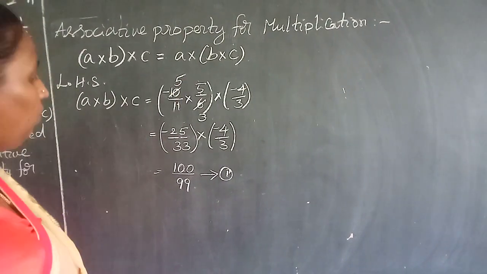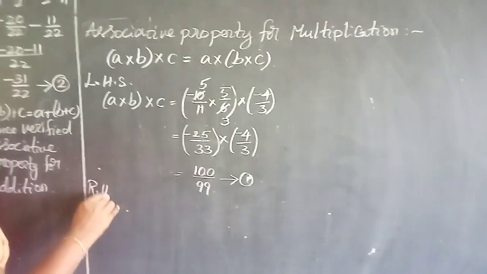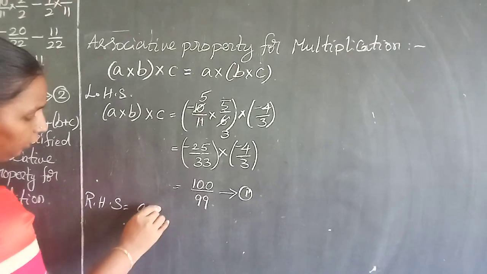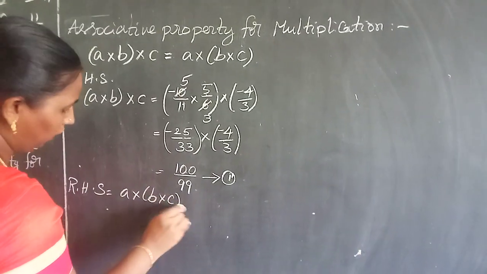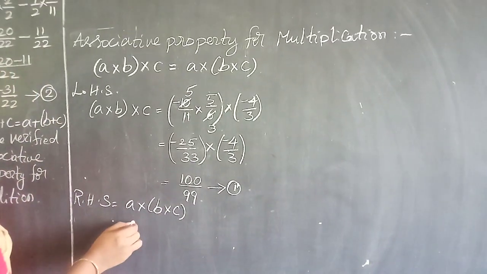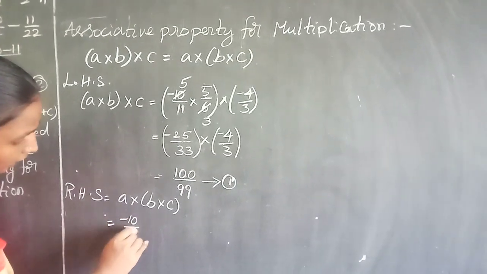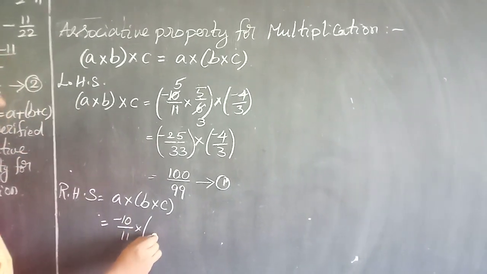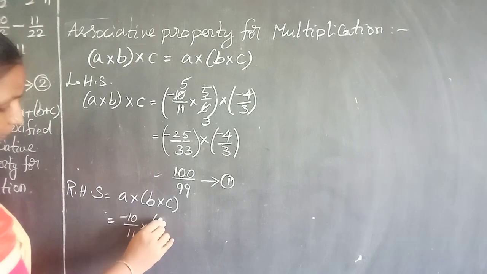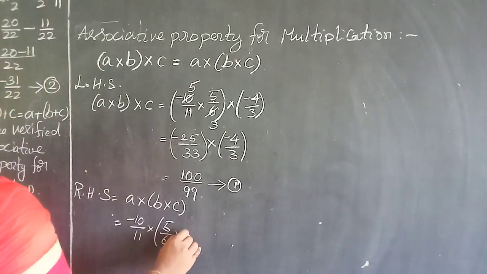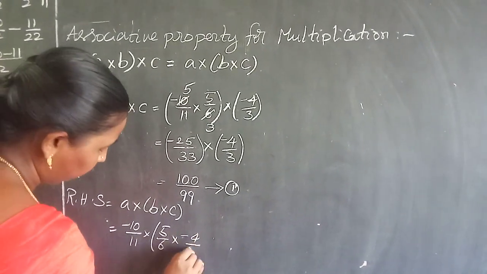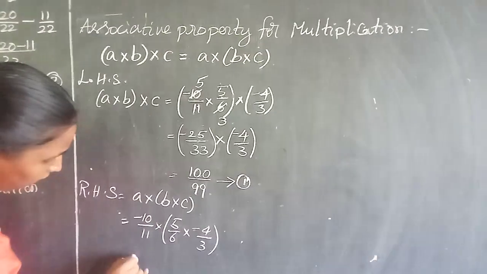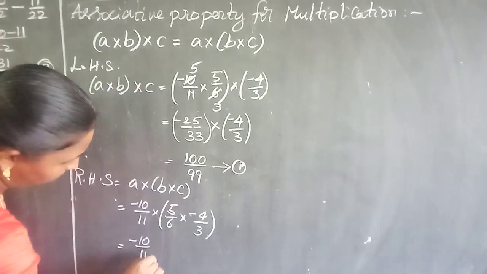Okay. Next move on to the RHS side. So RHS, what we have? A into B into C. Okay, substitute A values. A is minus 10 by 11 into B is 5 by 6 into minus 4 by 3. Okay. Now see, write minus 10 by 11 as it is.